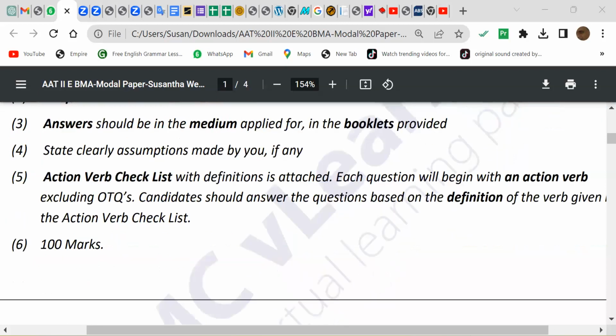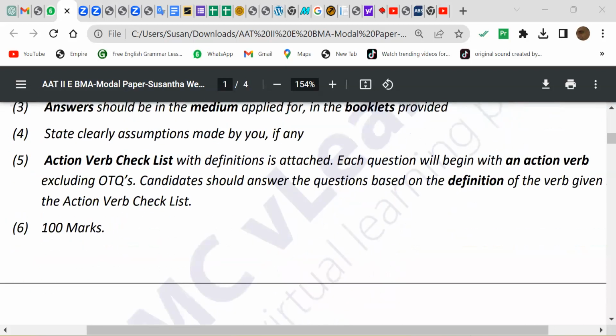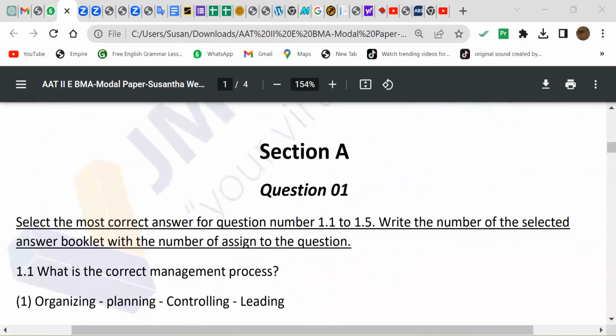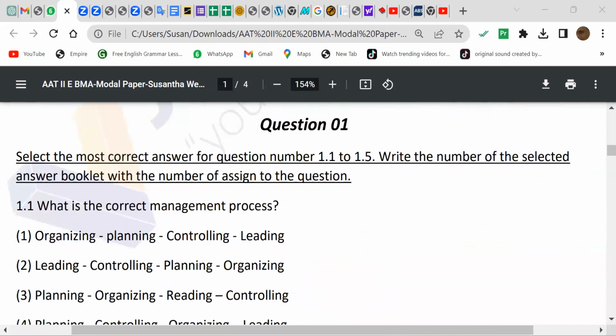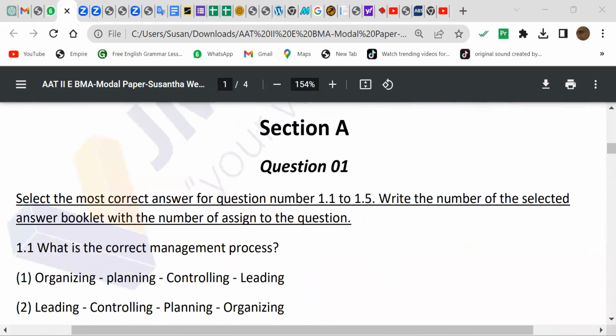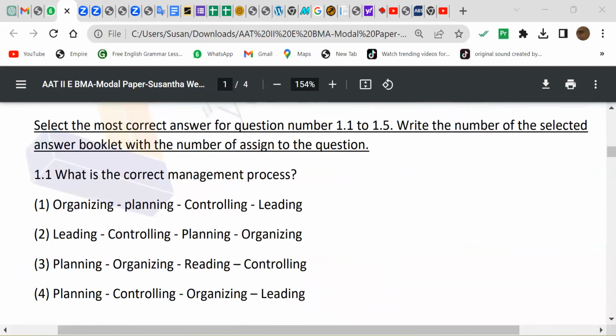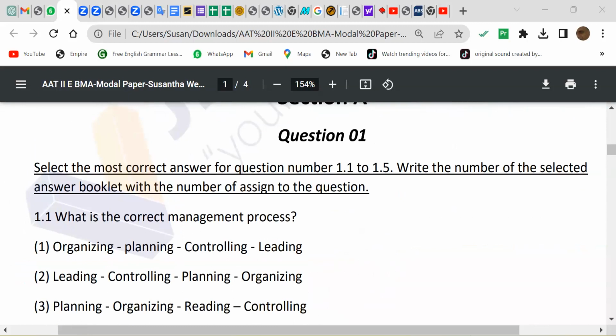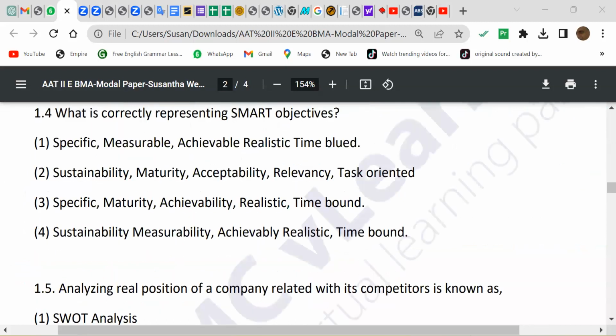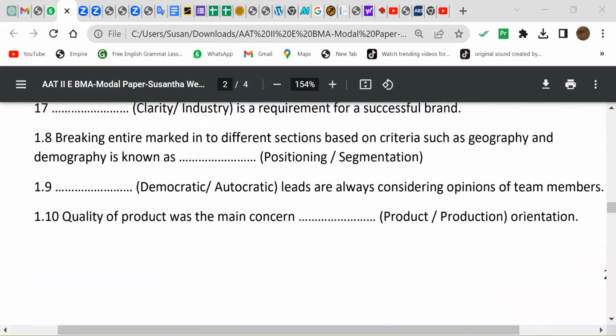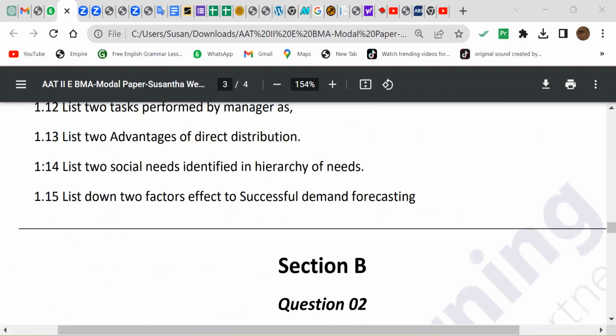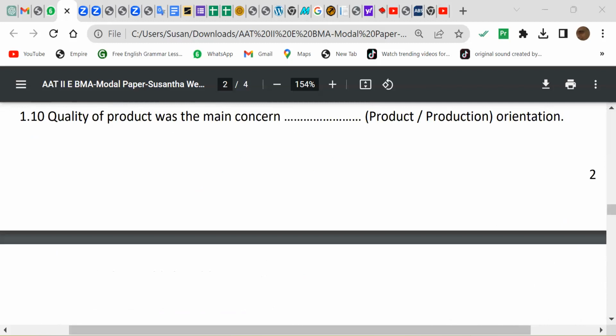Right. Then we will start our discussion. Okay, question 1. I have explained the format of question 1: 112, 115, 110, and 115. You have to answer these questions, right?